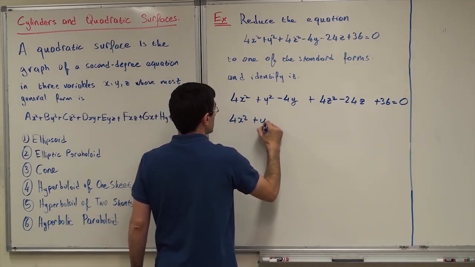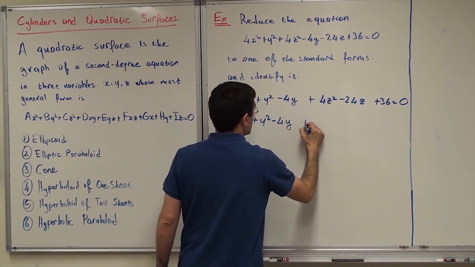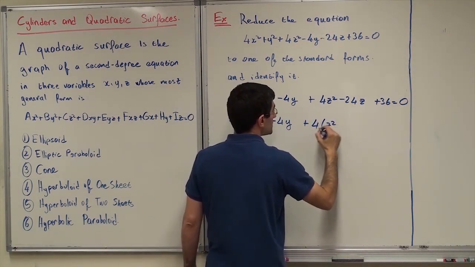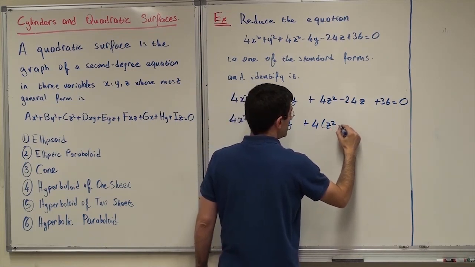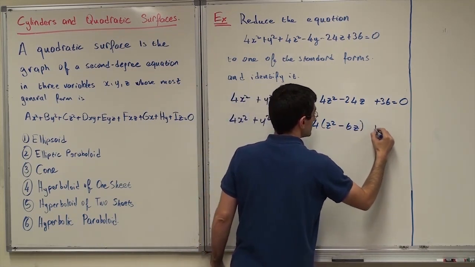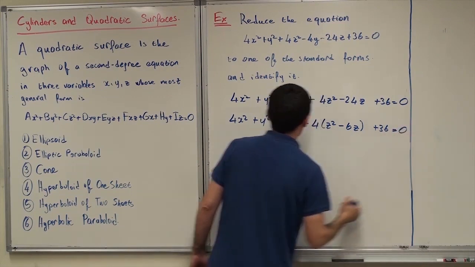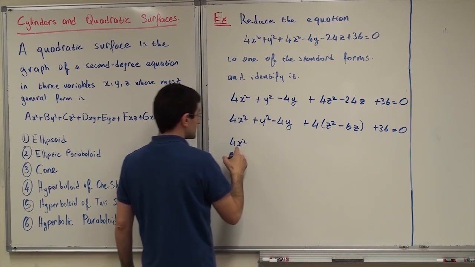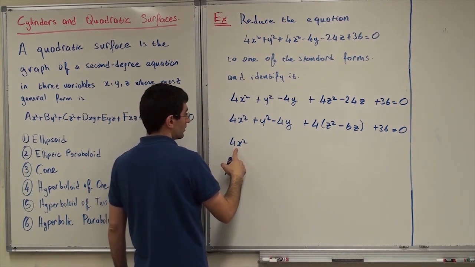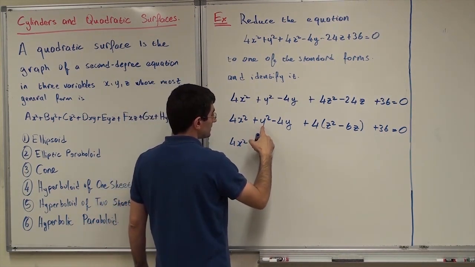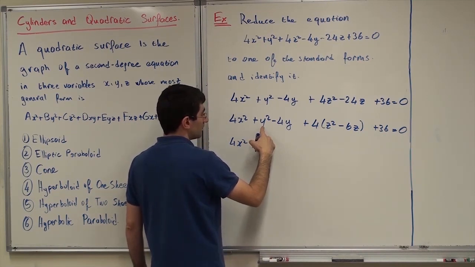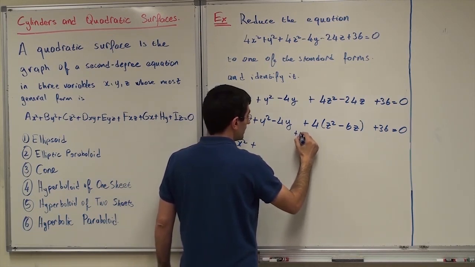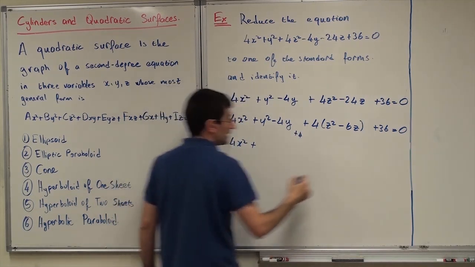So I'm going to rewrite this one more time. I'm going to factor out the 4 from the terms which contain z. Now, 4x squared is going to stay as 4x squared, but to complete the two terms y squared and negative 4y into a parenthesis squared, I need to add 4 to both sides of the equation.